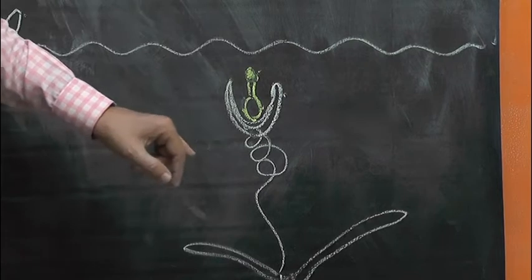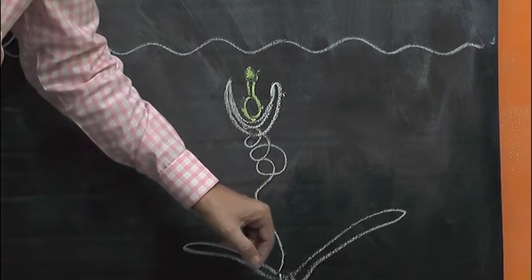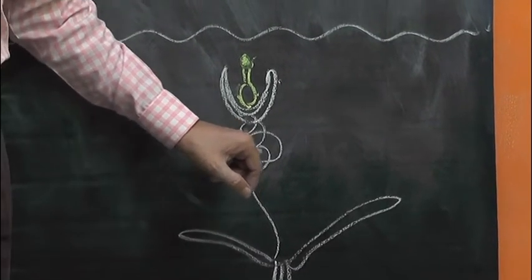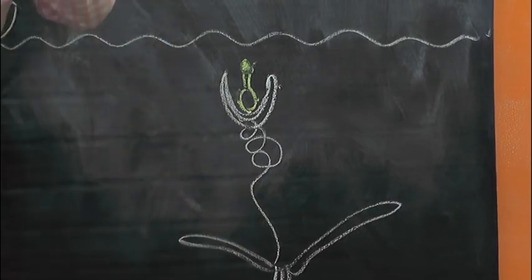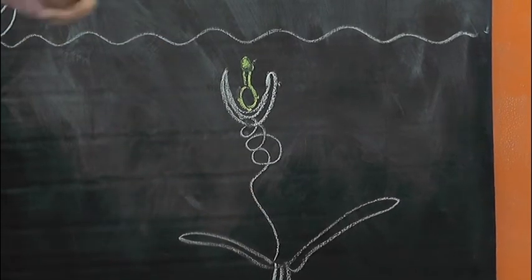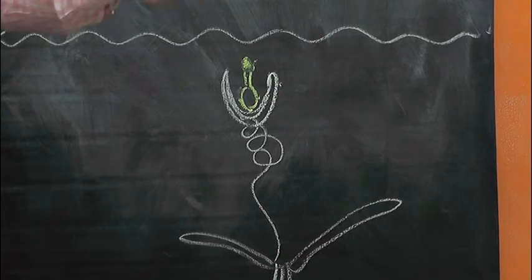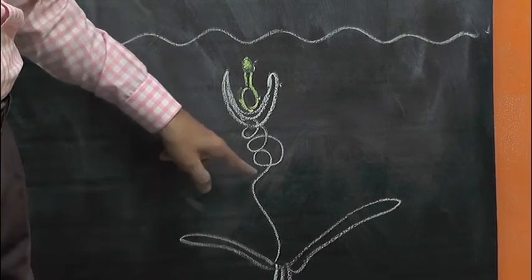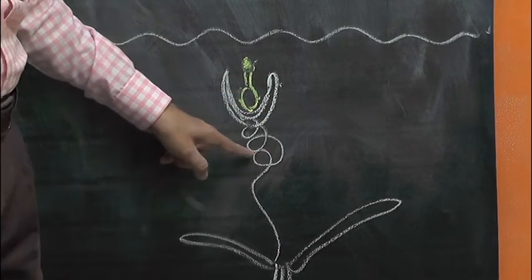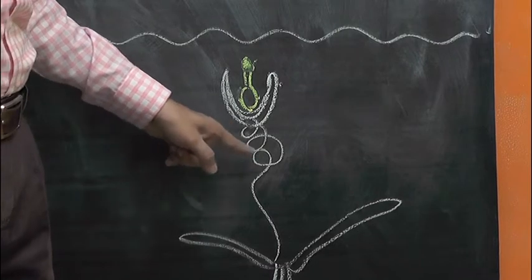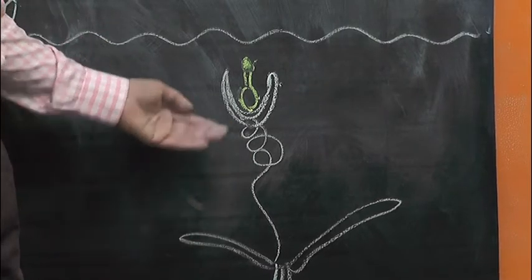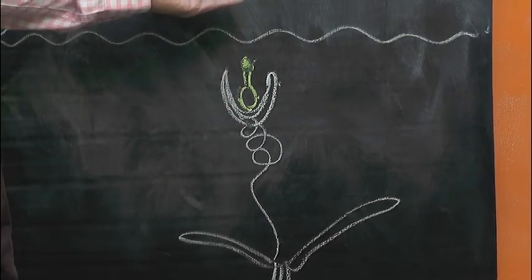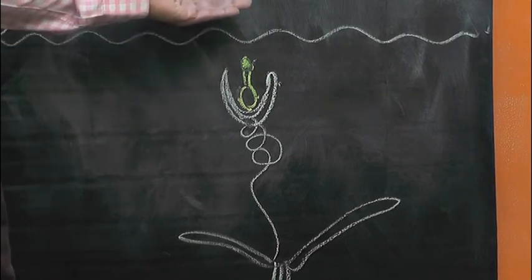Now before maturity the stalk of the flower, called the pedicel, of the female flower is very long but is coiled, and at the time of maturity there occurs uncoiling of the pedicel, the stalk of the female flower, so that the female flower comes to the water surface.